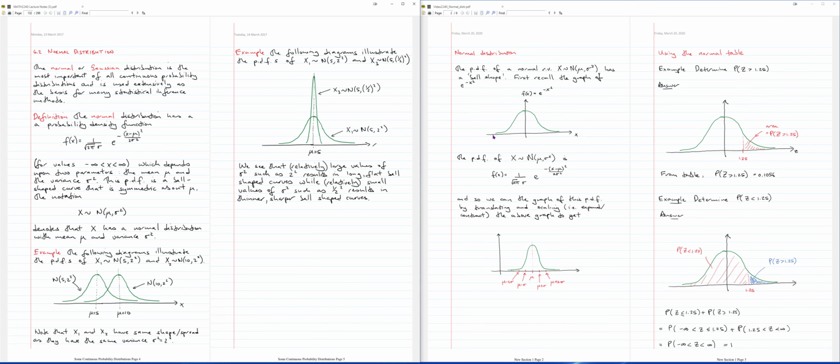In the graph of e to the minus x squared, the fact that you have the x squared is going to give you this symmetry about your y-axis, and the negative will cause you to drop down like this.